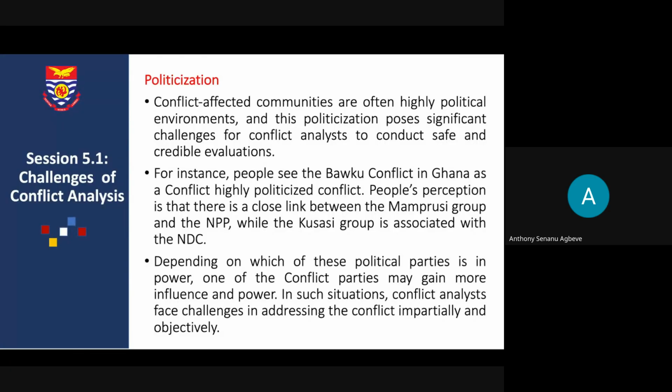And if you're not careful, even though as an academic you are supposed to be impartial, if your political ideologies and leanings come into play, which should not be the case, that might even influence the whole process you are engaging in. So politicization can also become a very big challenge.